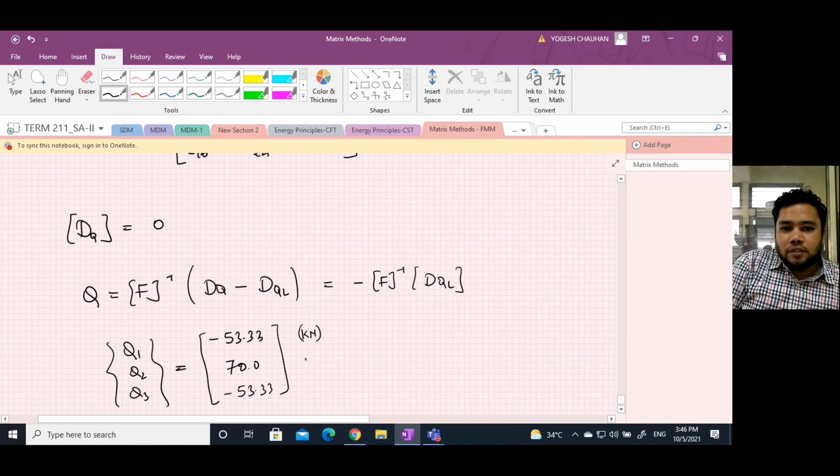This is vertical reaction, kilonewton. This is moment, it will be kilonewton meter. Okay, this redundant is nothing but your HA, VA, HD. Let us write here. This is HA, HD. This is VD, and this is MD.